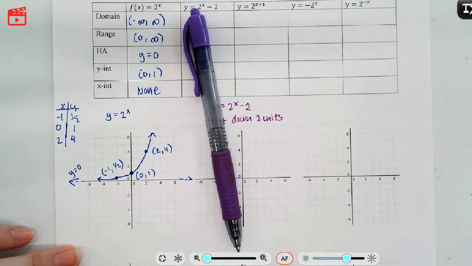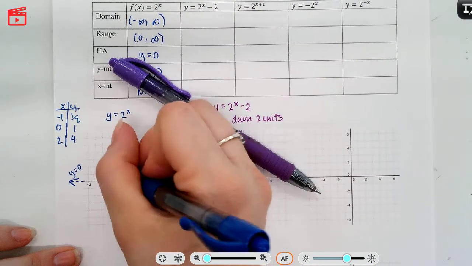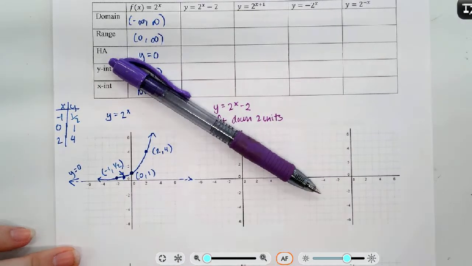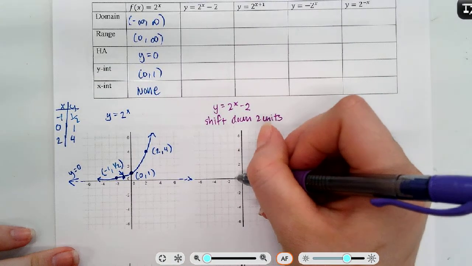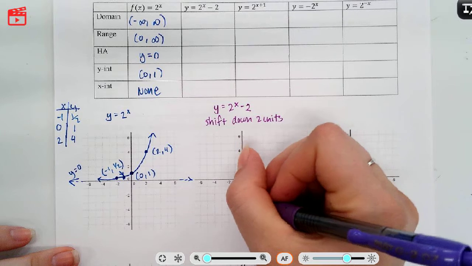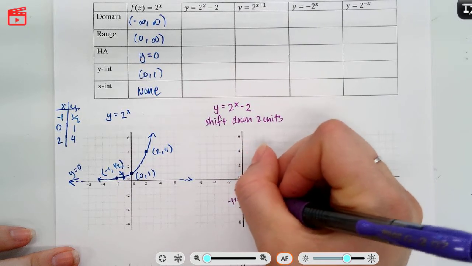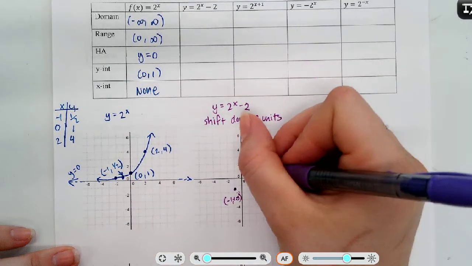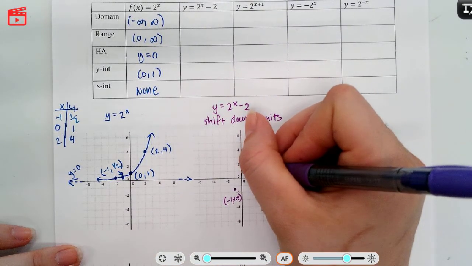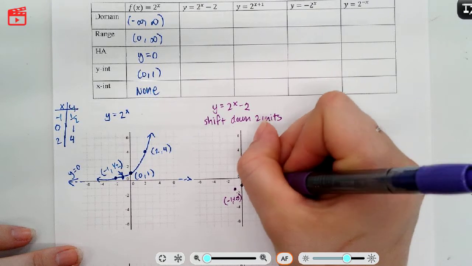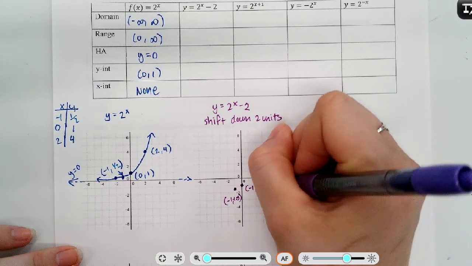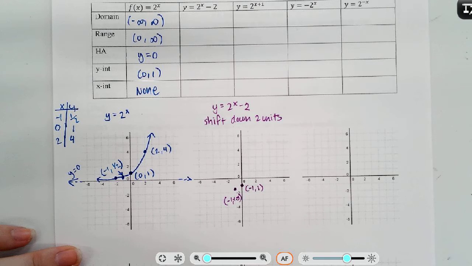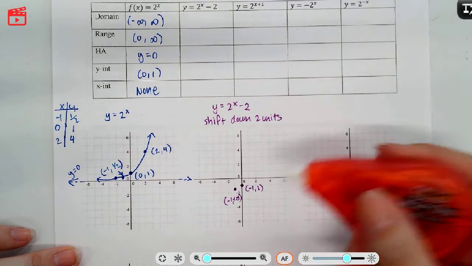Ooh, I just realized I didn't regraph that well. Shifting down 2 units for that, I did that wrong again.